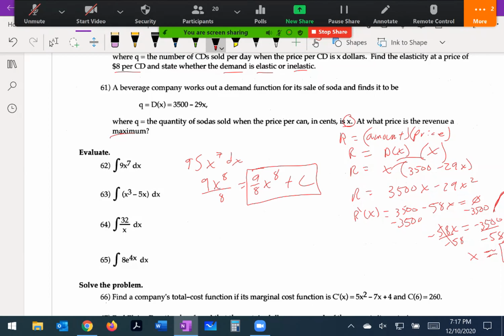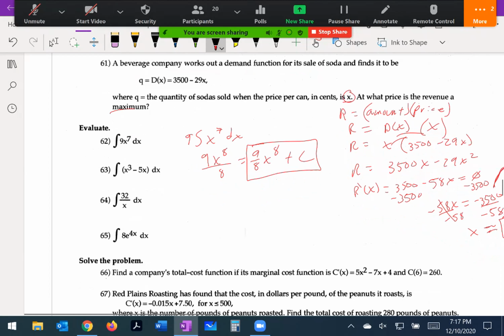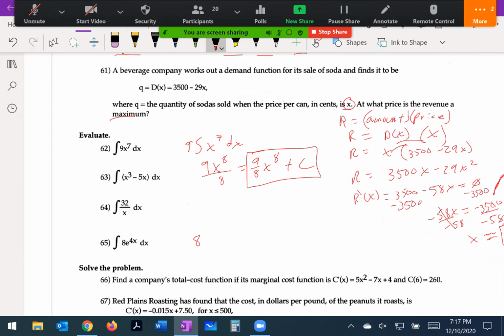Okay, so 65 is 8 times the integral of e to the 4x dx. So we're going to do a u sub on this one. u is equal to 4x. Sorry, my u's and my 4's look too similar. du is equal to 4 dx, divided by 4, so du over 4 is equal to dx.